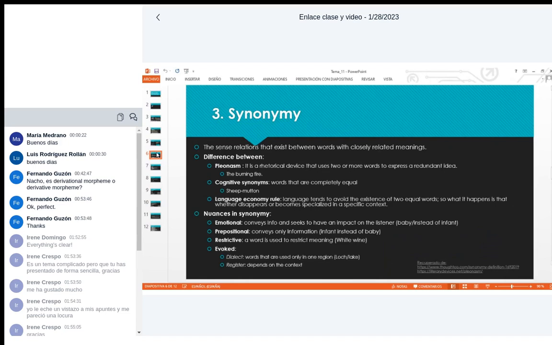Now, emotional nuances refers to the difference, and this is why we need examples such as baby or infant. Both of them mean the same and refer to the same concept. But if we use the word baby, we are referring to something more familiar, something that we really seek to make an impact on our audience.